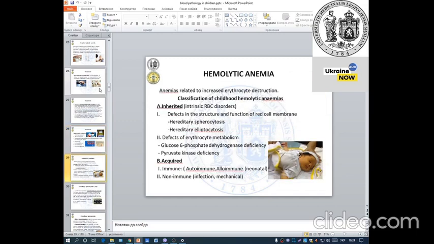Another group of anemias related to increased erythrocyte destruction are hemolytic anemias. They are classified into inherited, with intrinsic red blood cell disorders, defects of cell membrane or defects of cell enzymes, glucose 6-phosphate dehydrogenase, pyruvate kinase, and acquired, immune or non-immune.